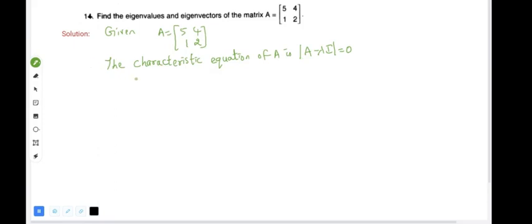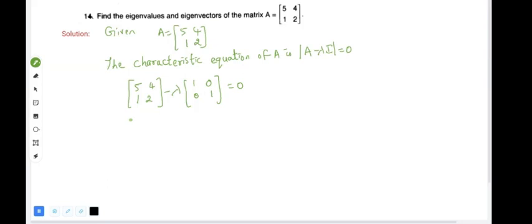So here A is [5 4; 1 2] minus lambda I. I is the identity matrix, that is [1 0; 0 1], equals 0.